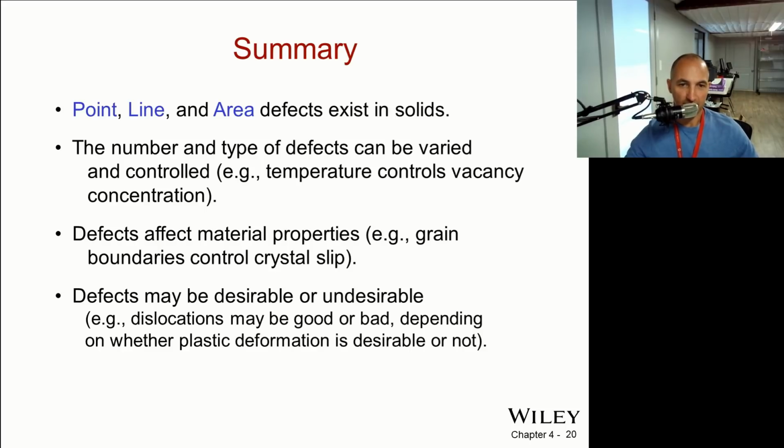The defects affect the material properties. For example, grain boundaries control crystal slip. And defects may be desirable or undesirable. Dislocations may be good or bad. It just depends on whether plastic deformation is desirable or not. That concludes Chapter 4.